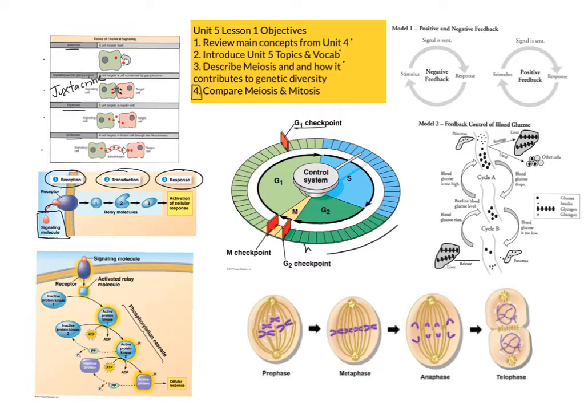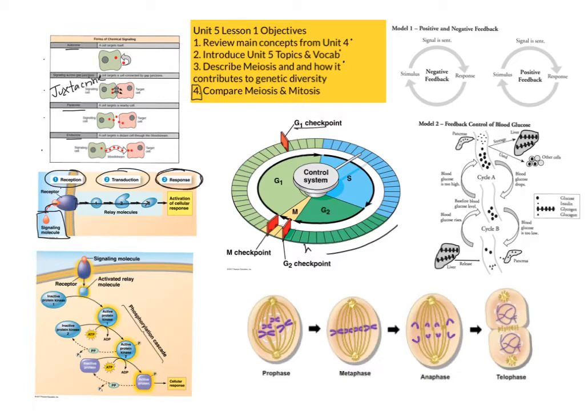Then you have the transduction phase, which is where that activated receptor kicks off a chain of events, typically a series of relay molecules or proteins like the phosphorylation cascade, to basically transmit and in a lot of cases amplify that signal to bring about the 3rd phase, which is some response.